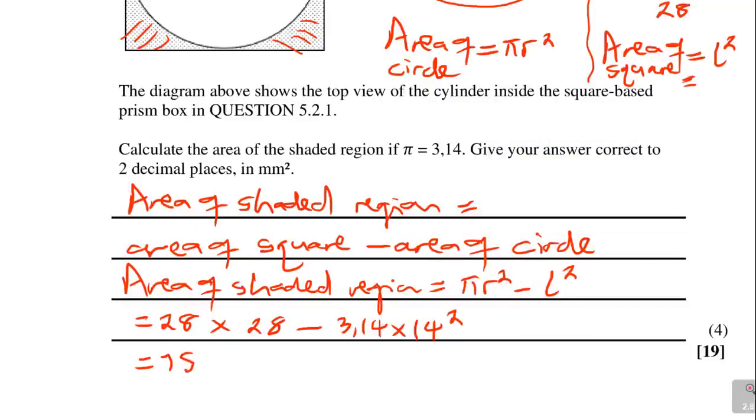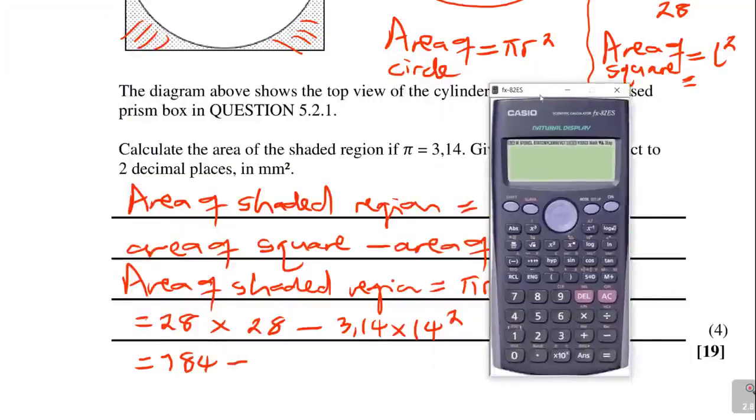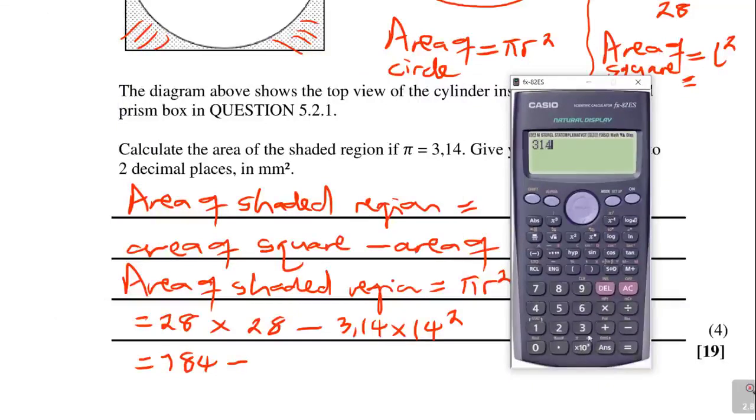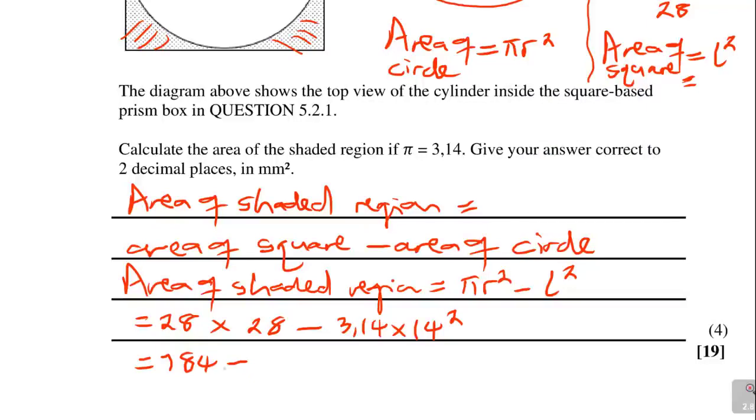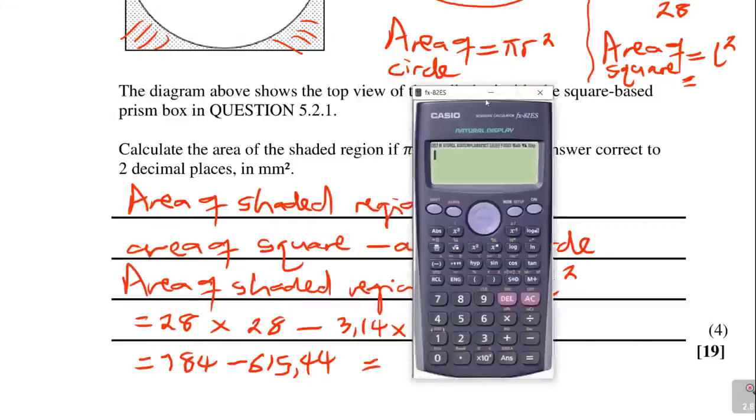Then you do the other one, which is 3.14 times 14 squared, which is 615.44.